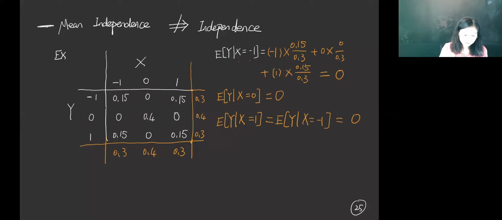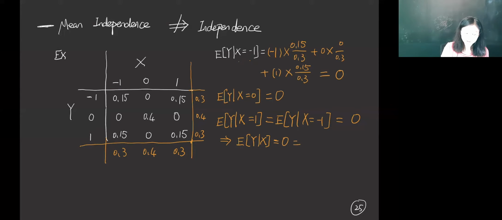Well, -1, 0, and 1 are all the values that x can take. Therefore, E of y given x is always 0. And the expectation of that is 0.